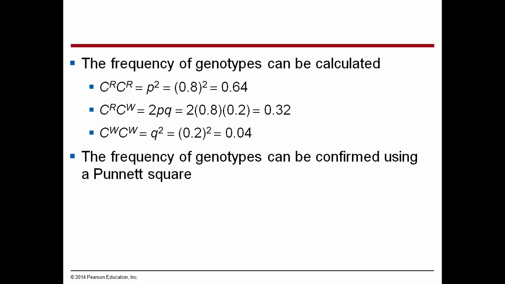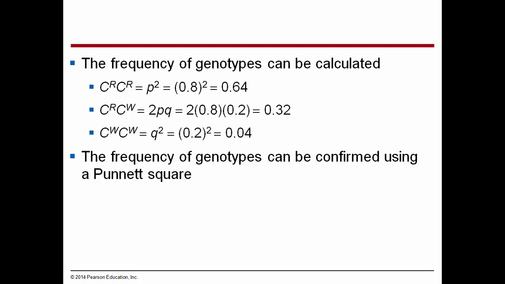The frequency of genotypes can be calculated. Homozygous dominant equals P squared equals 0.8 squared equals 0.64.